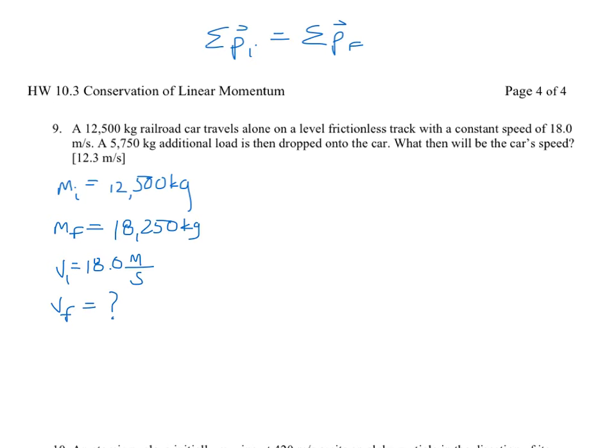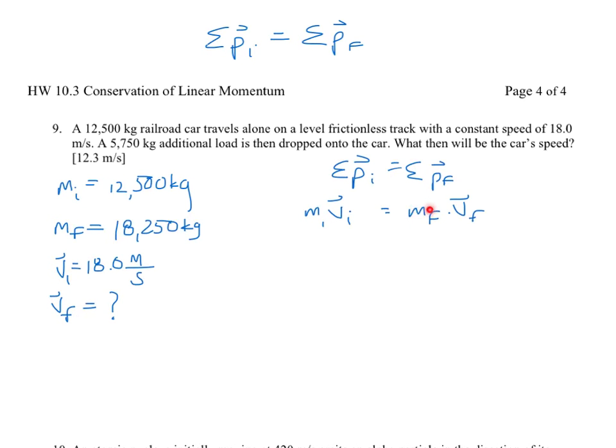So again, like we said before, the net initial momentum is going to be equal to the net final momentum. The initial momentum is the mass initial times initial velocity, and that's going to be equal to mass final times the final velocity. That final velocity is what we want to solve for.